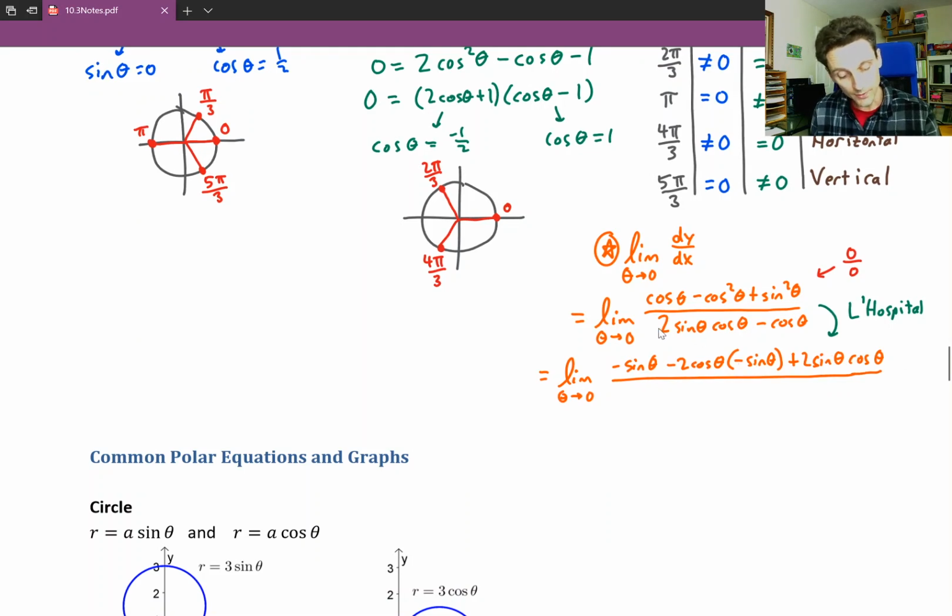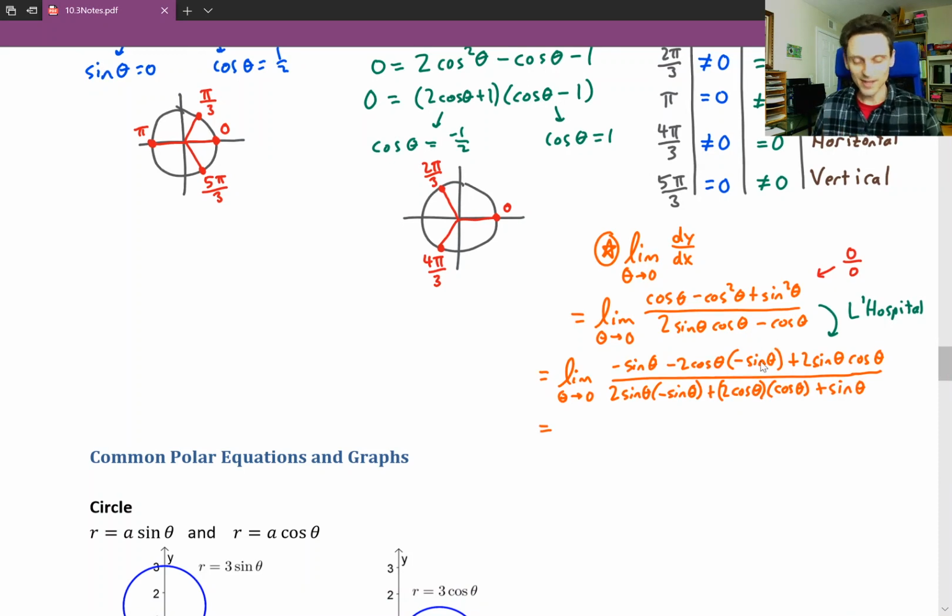On the bottom, the derivative of 2 sinθ cosθ is going to involve a product rule. So here's the first times the derivative of sine plus the derivative of the first times the second. And then the derivative of the negative cosθ there would be positive sinθ.